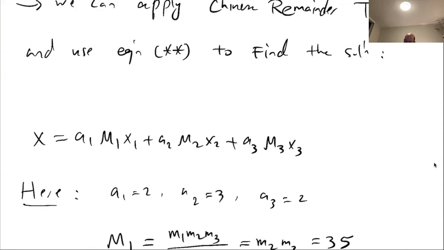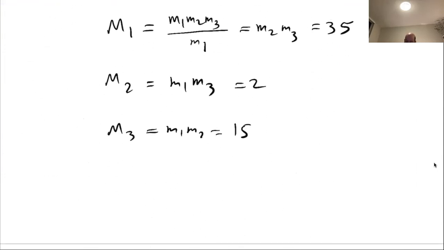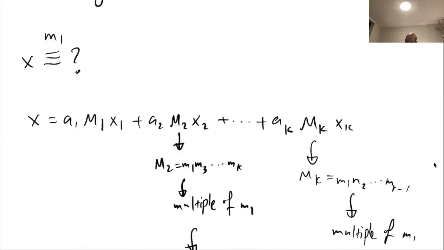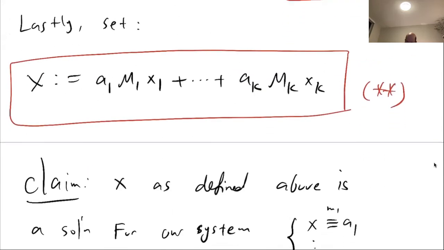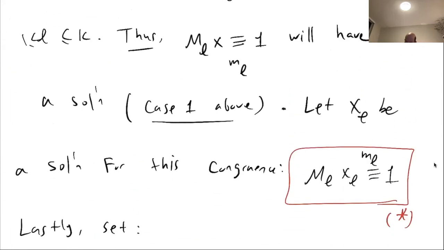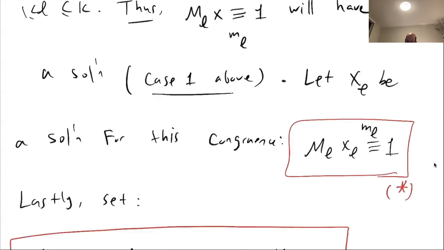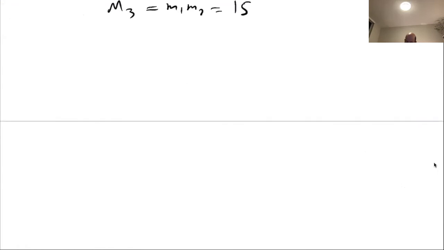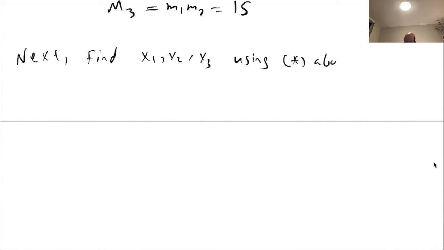And then I need also X1, X2, X3. What was XL? Again, if you go back to the proof, XL was the solution for ML XL equals 1 mod ml. Next, find X1, X2, X3 using, again, star above.